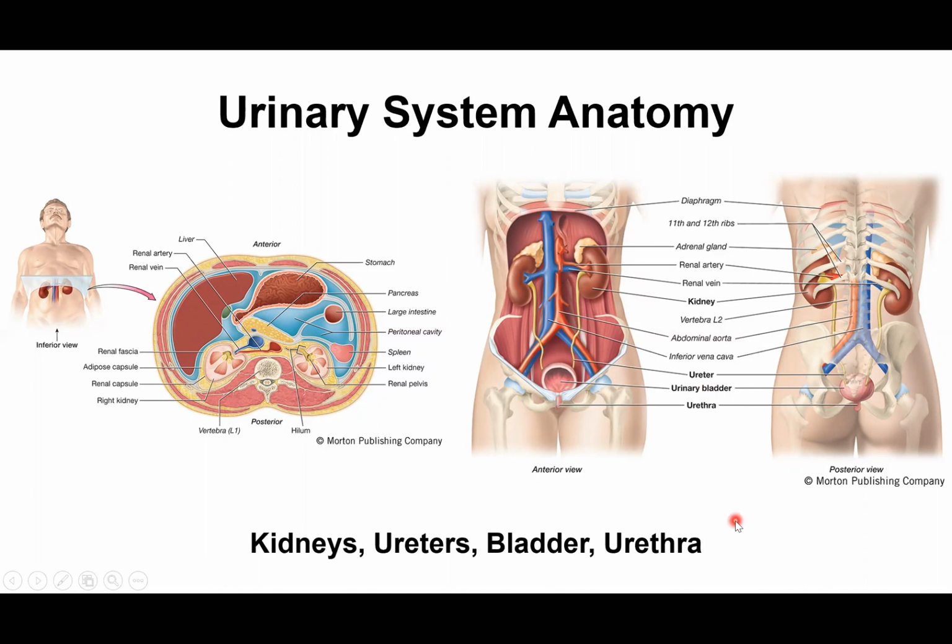So altogether then, our urinary system is the kidneys, ureters, urinary bladder, and urethra.